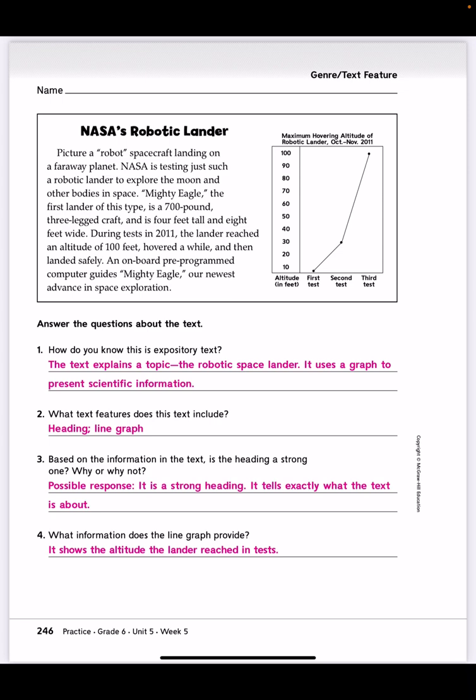It's a strong headline. It tells you exactly what it's about. It doesn't just say NASA has many programs or cool things in space. Those aren't very specific. In this case, specifically, NASA's robotic lander. Okay? And what about the line chart? What does it give you? It shows the altitude the lander has reached. Basically, how high is it able to go in its tests. Okay?